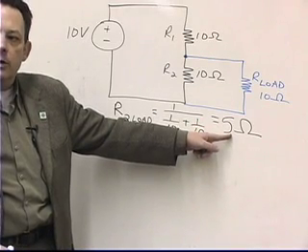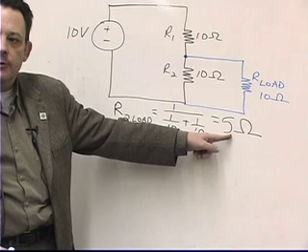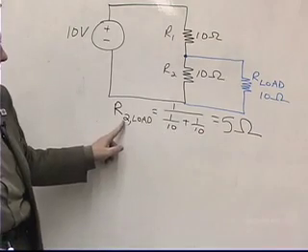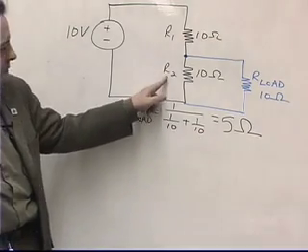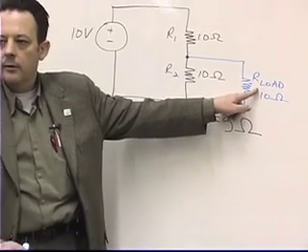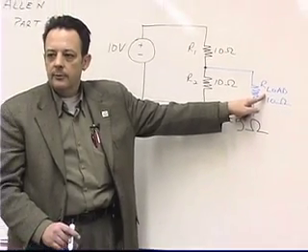What part of the circuit can I replace with a 5 ohm resistor? How about R2 and R load? This guy and this guy. Does that make sense?